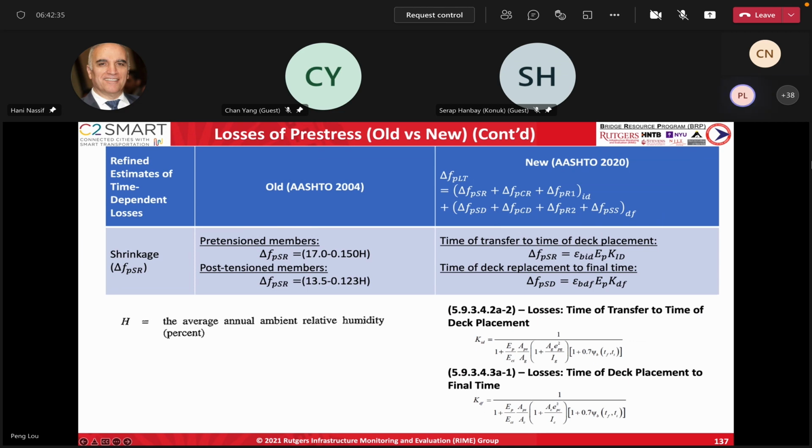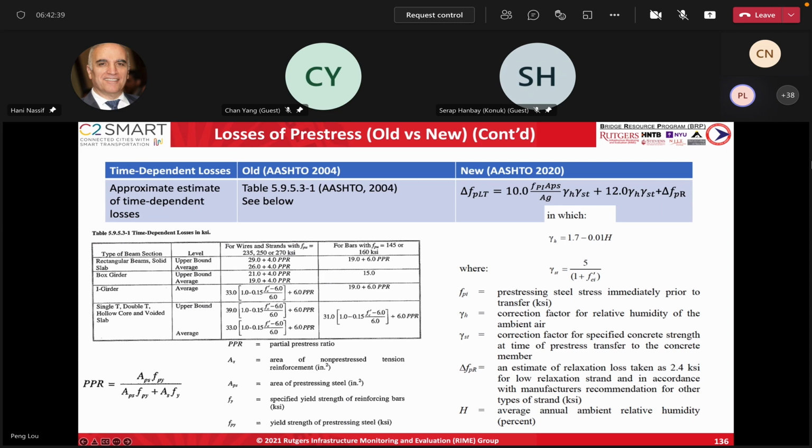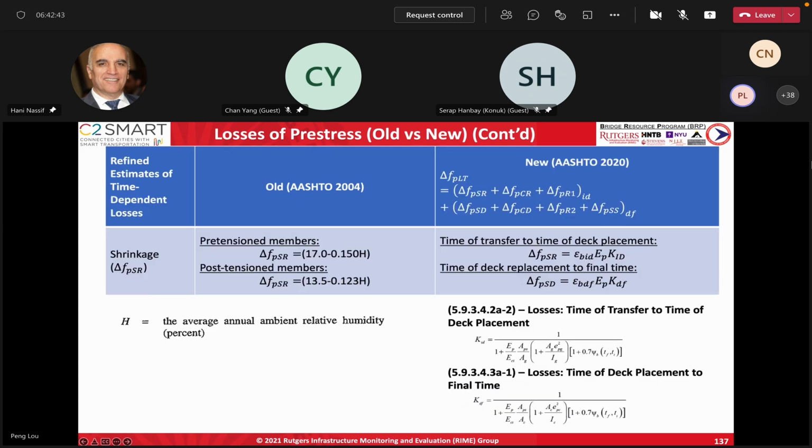So next, we have shown some approximate estimates of the time-dependent losses. On the second level, which is the second tier, AASHTO also provides how you can estimate those time-dependent losses in a more refined way, based on each factor: shrinkage, creep, and relaxation of the pre-stressing steel.